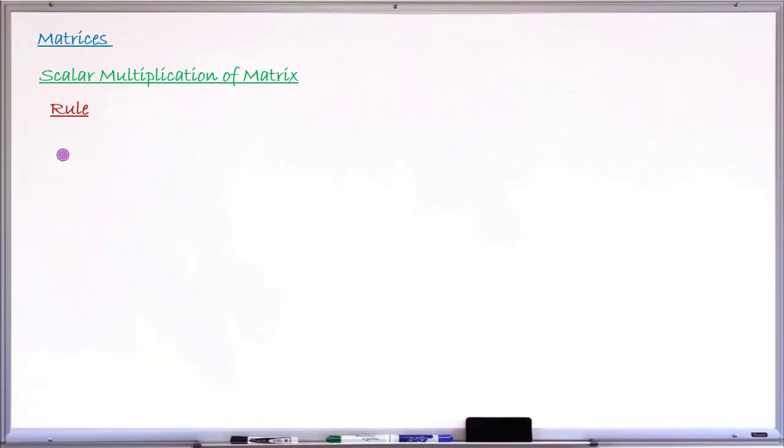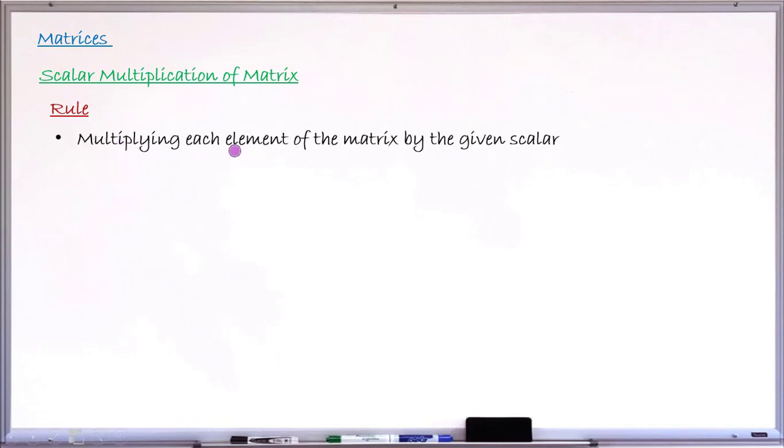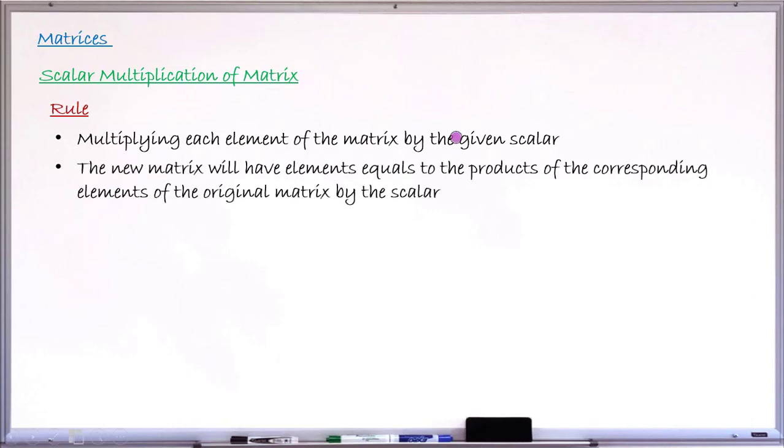To begin the lesson, my dear student, let us first take the rule. It is this rule that will guide us what to do in order to perform scalar multiplication of a matrix. Rule number 1 says multiply each and every element of the matrix by the given scalar. When you do that, you now have a new matrix, and that new matrix will have elements equal to the products of those corresponding elements in your original matrix by the scalar.